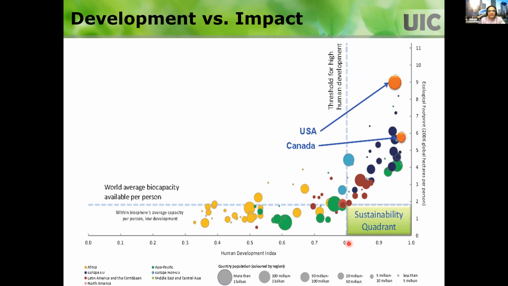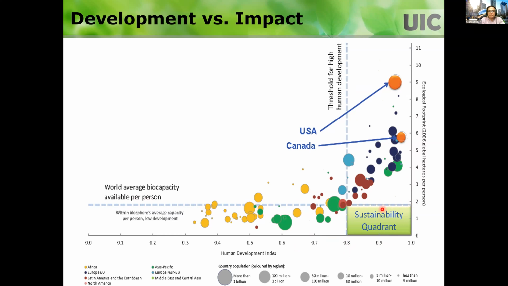Any country with a human development index of more than 0.8 is a developed country. Less than that is a developing country. Now, if you look at the ecological footprint, the planet Earth has a certain biocapacity, the capacity from which it can recover, and that capacity is shown by this line here: the world average biocapacity available per person.